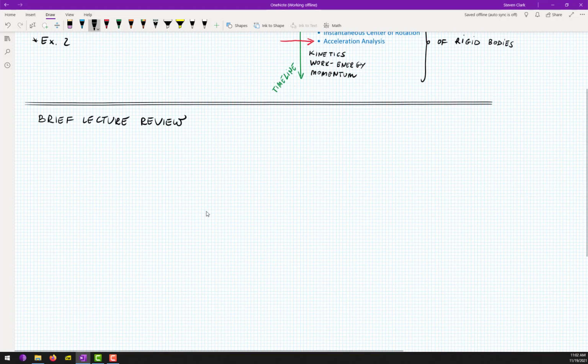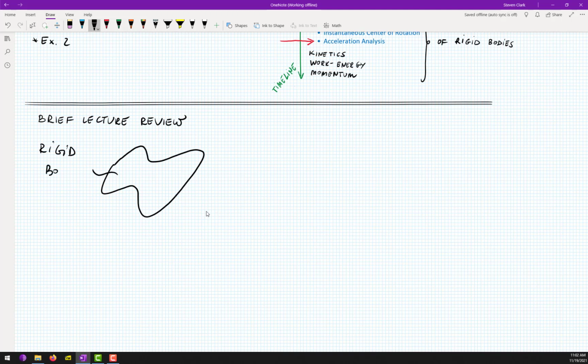Brief lecture review. Let's assume that we have a rigid body, and let's say that we have 2 points on that body, point B and point A. What else do we know? We know the acceleration of point A, we know alpha of the body, and we also know omega of the body.